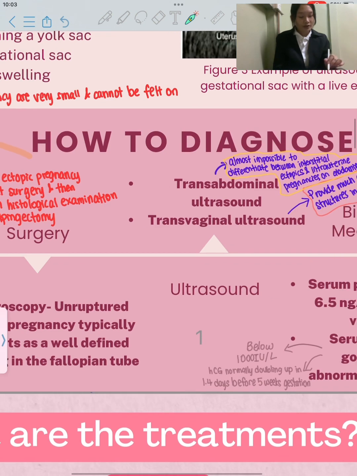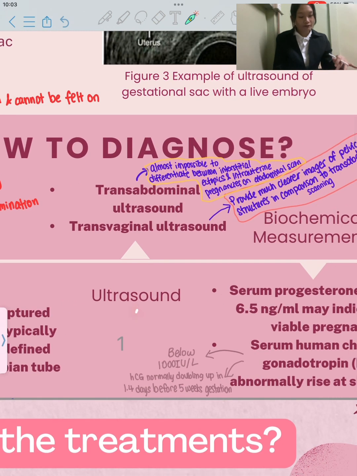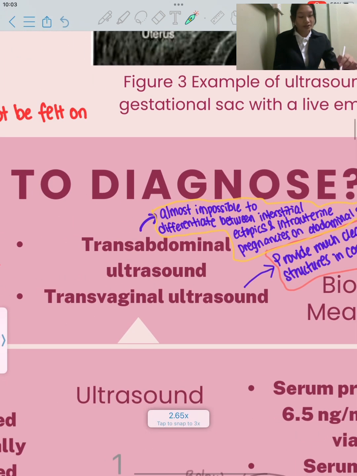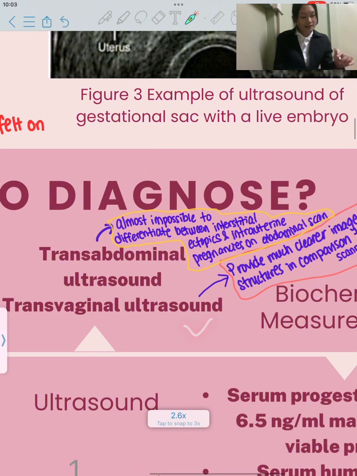And then next, we have ultrasound. We have two types: the first one is transabdominal ultrasound and the second one is transvaginal ultrasound. With transabdominal ultrasound, it is almost impossible to differentiate between interstitial ectopics and intrauterine pregnancies on abdominal scan.